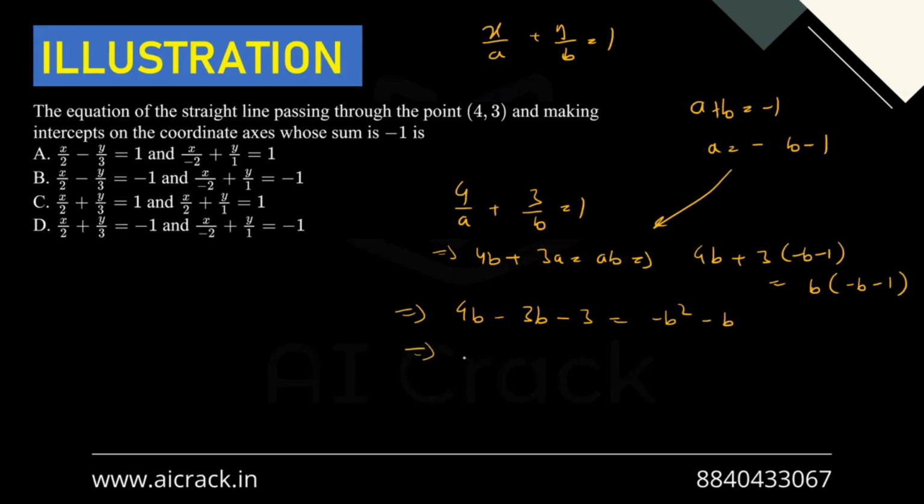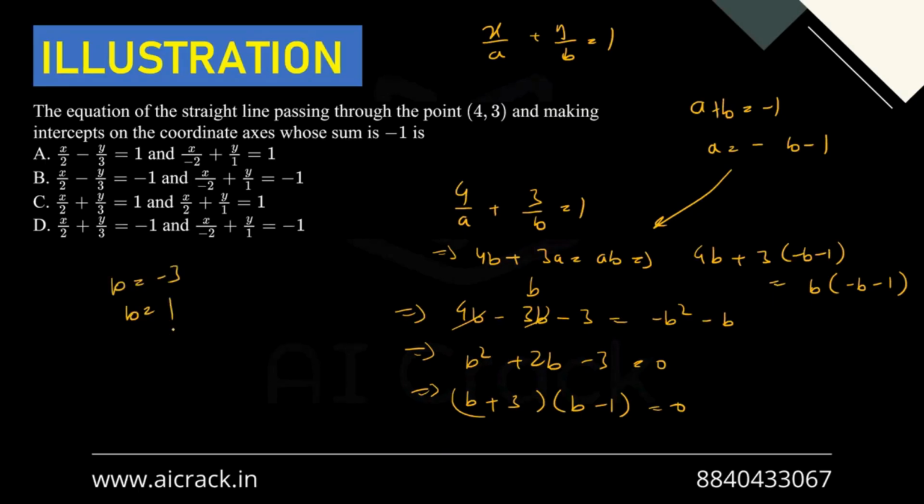So this would become b square plus 2b minus 3 equals 0. So this would become (b plus 3)(b minus 1) equals 0. So we have got the values b equals -3 and b equals 1.